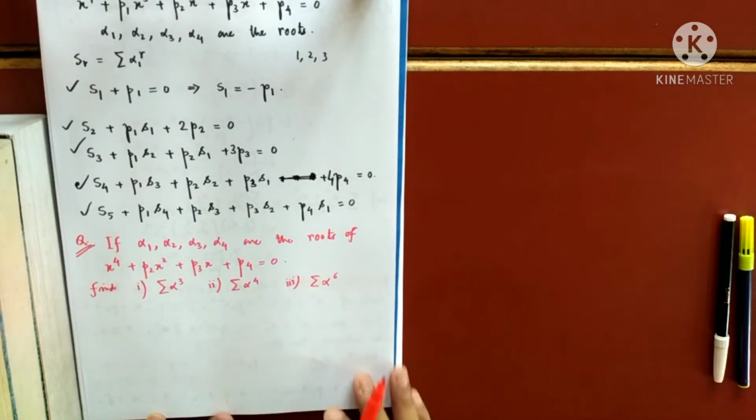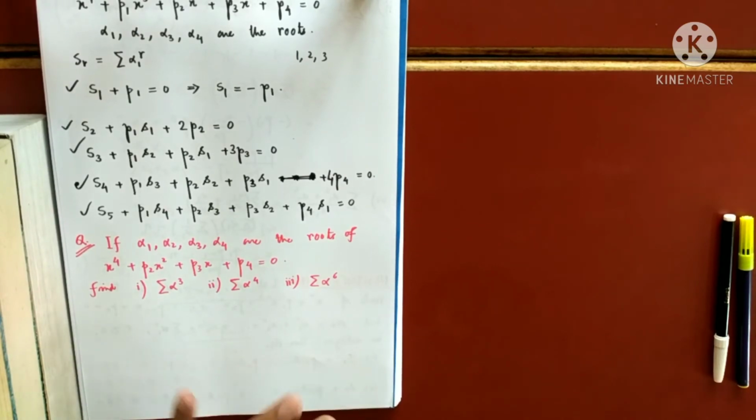They have asked you to find these three quantities. Okay, find alpha cube, alpha to the power 4, alpha to the power 6.